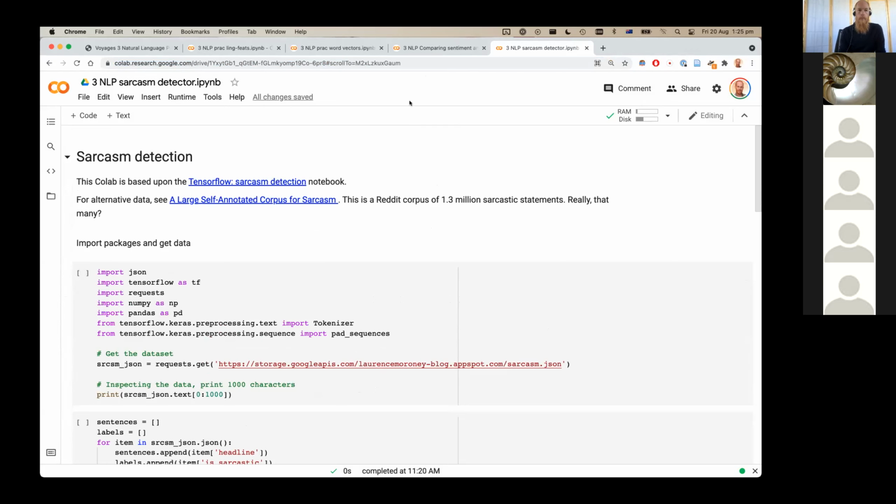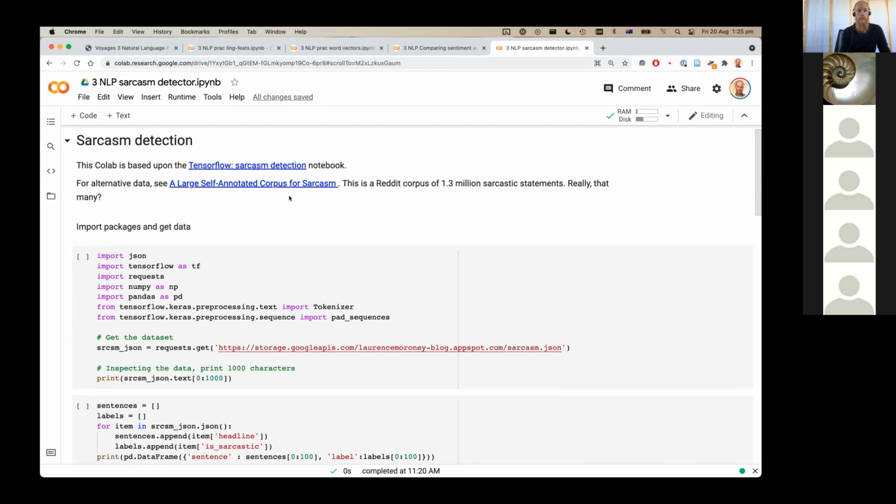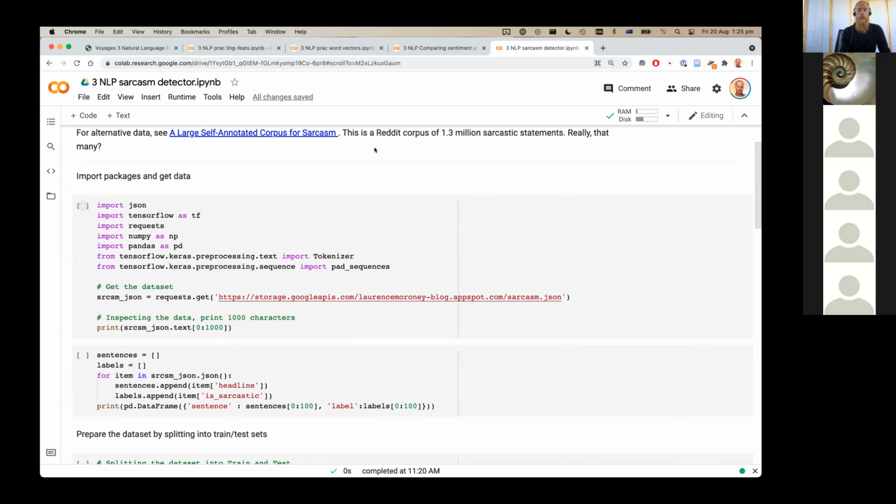This will train a sarcasm detector using a corpus of utterances scraped from Reddit that have a particular /s tag in them. If you wanted to try a different data set, there's a link here to a large annotated corpus, but this Colab will use a small corpus so that we can train it more quickly. If you wanted the large corpus, that's the link, with 1.3 million data points.